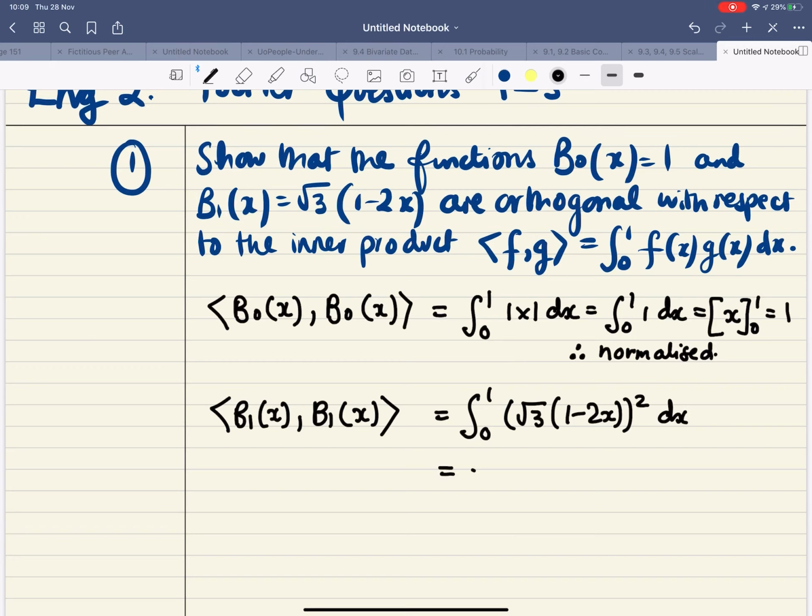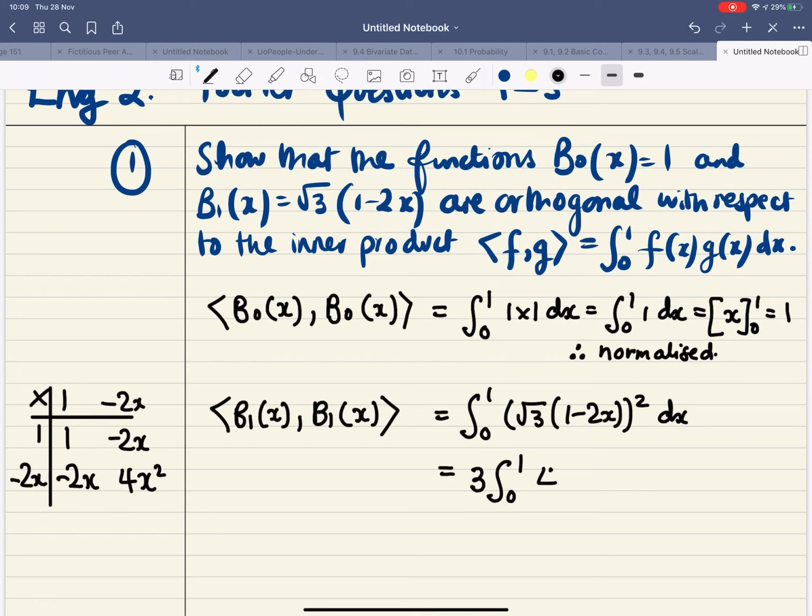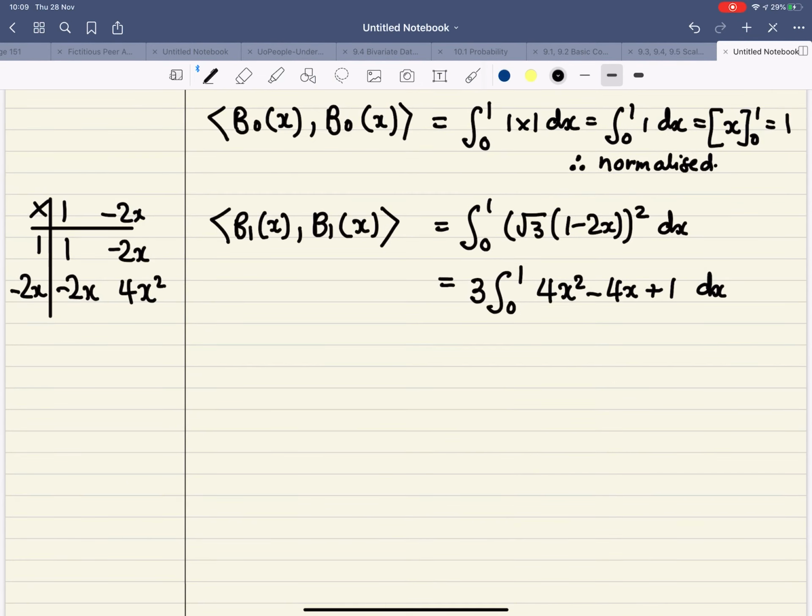Root 3 squared is 3, and then 1 minus 2x times 1 minus 2x. So that's 1 minus 2x minus 2x, plus 4x squared. So this is 3 times the integral of 4x squared minus 4x plus 1 dx.